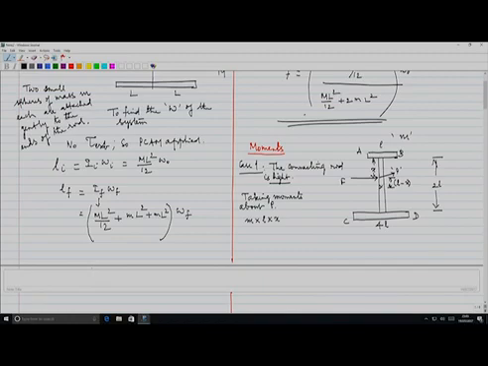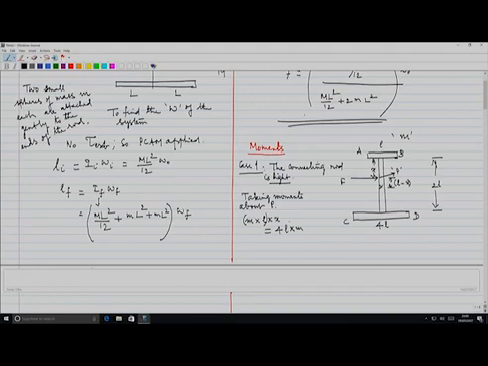That must be equal to the 4L rod, with mass per unit length m, therefore m into 4L, that is the mass, that times this distance.